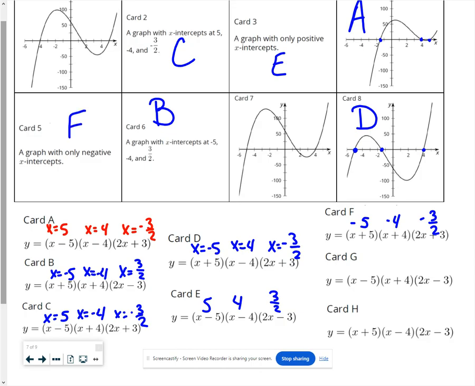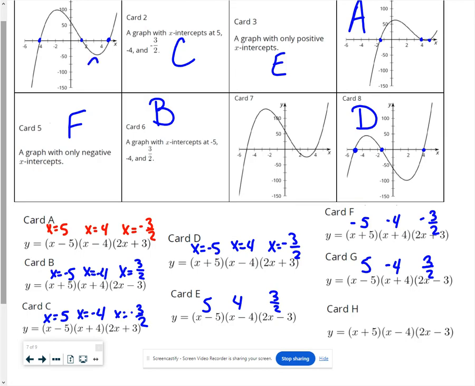For G, we would have +5, -4, and +3/2. All right, we're kind of running out of spaces here now, so I've got 1 negative, 2 positives. The 2 cards that are left both have that. So +5, that's over here, -4, and +1.5.